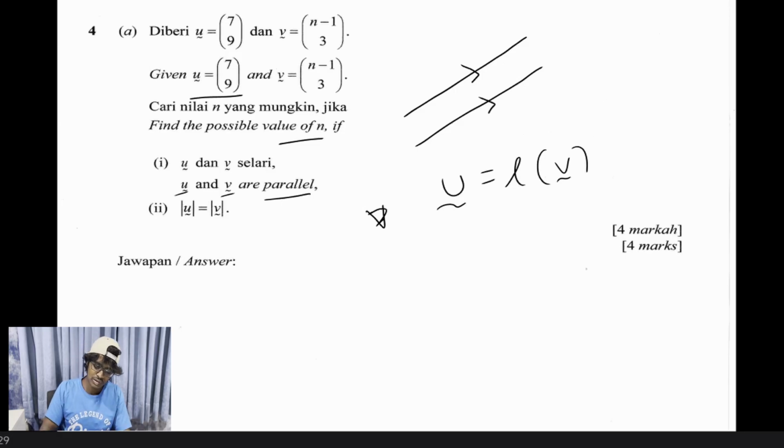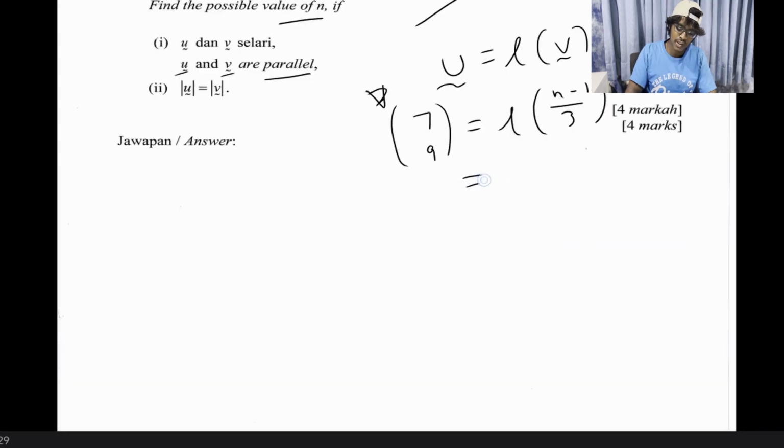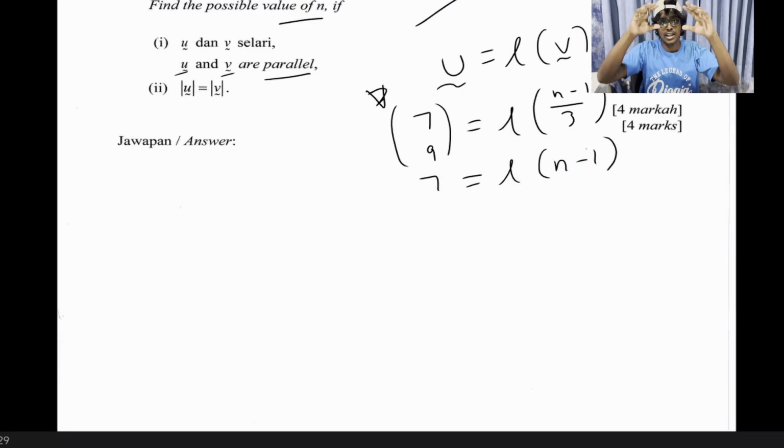So using this formula, we can now write this down. Let's say (7, 9) equals lambda times (n minus 1, 3). But we want n right now, so we take it apart one by one. Lambda times (n minus 1) equals 7.